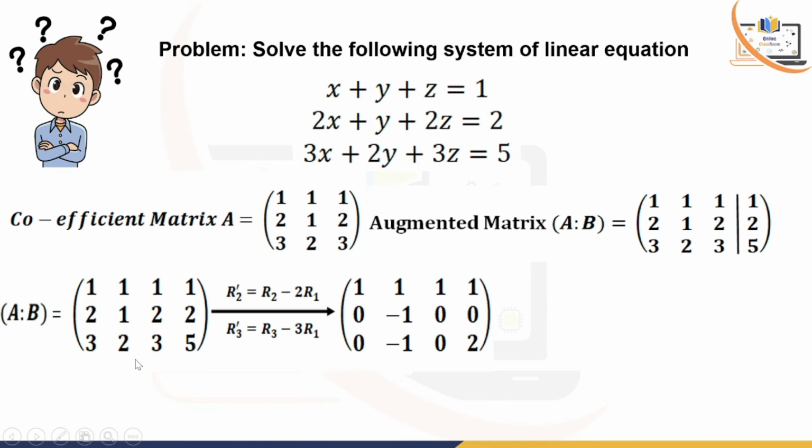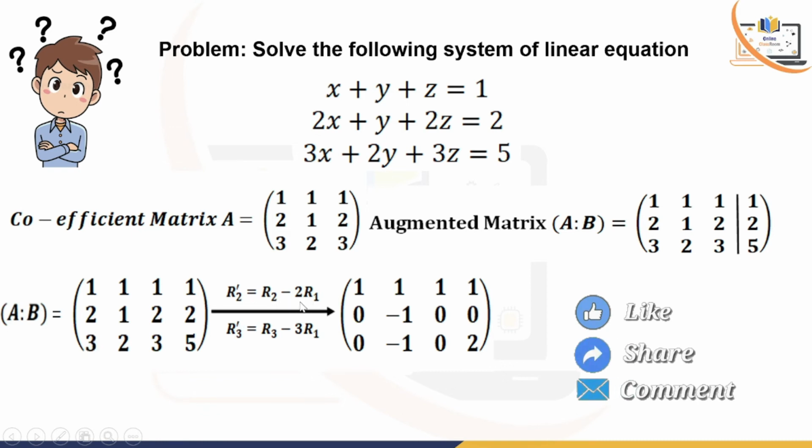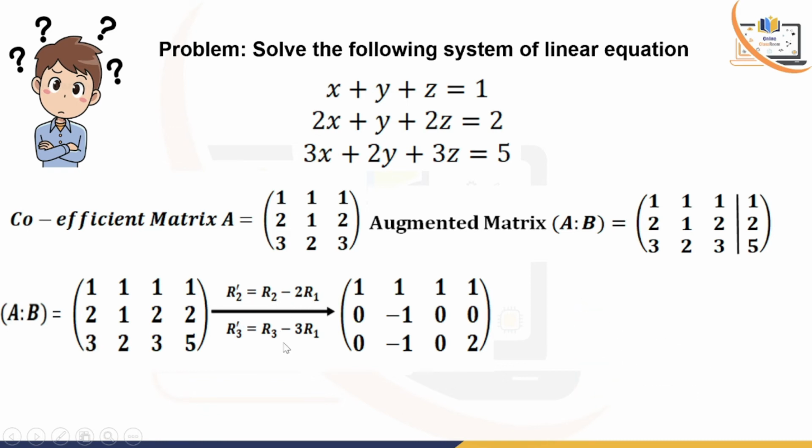The leading element is 1. Our target is to create the echelon form of this augmented matrix so that we can easily judge the rank value. Using 1, we will try to create 0 in this position and in this position. So our operations will be R2 minus 2R1 and R3 minus 3R1.